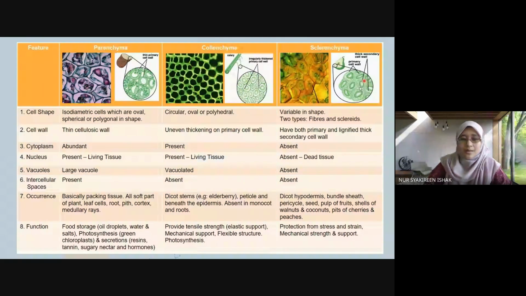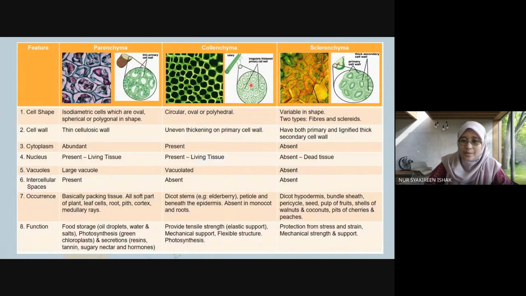For the cell wall, parenchyma has a thin cellulosic cell wall. Collenchyma has uneven thickening on the primary cell wall.